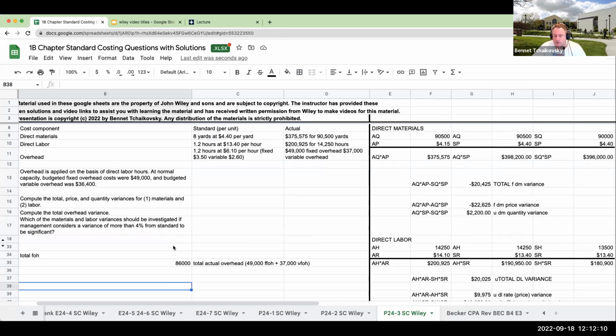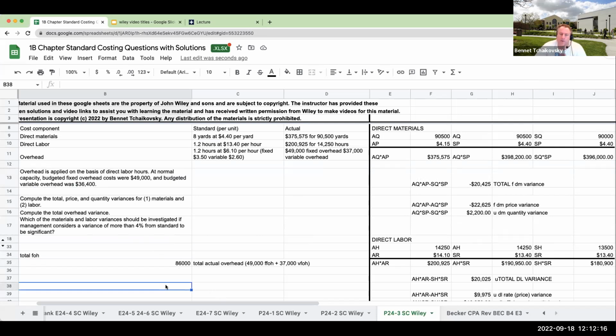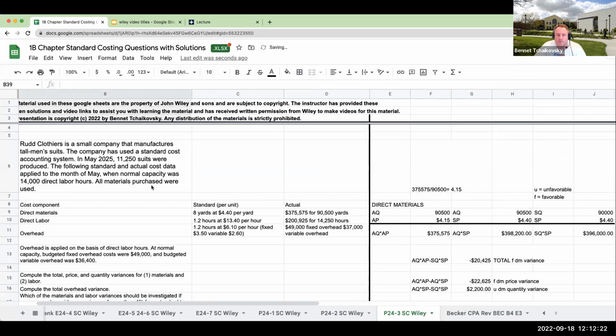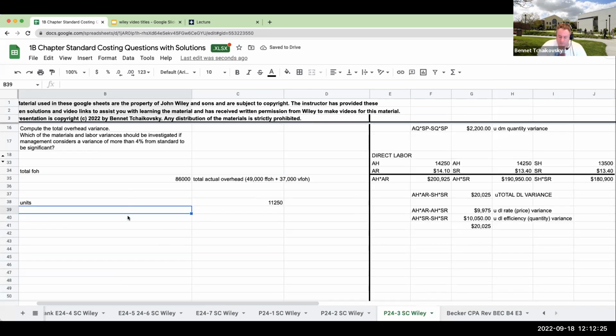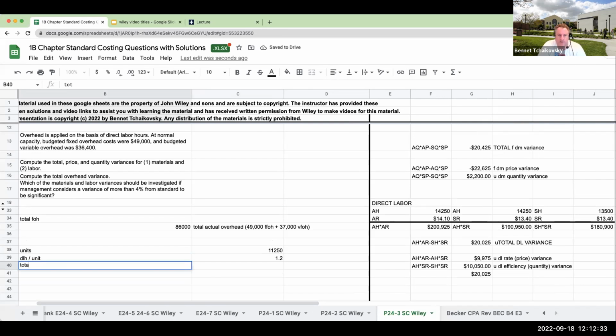In terms of what I should have spent, it's saying here that it's applied on the basis of direct labor hours. So if I produced 11,250 units and my direct labor hours per unit is 1.2, so my total direct labor hours is going to be 13,500.